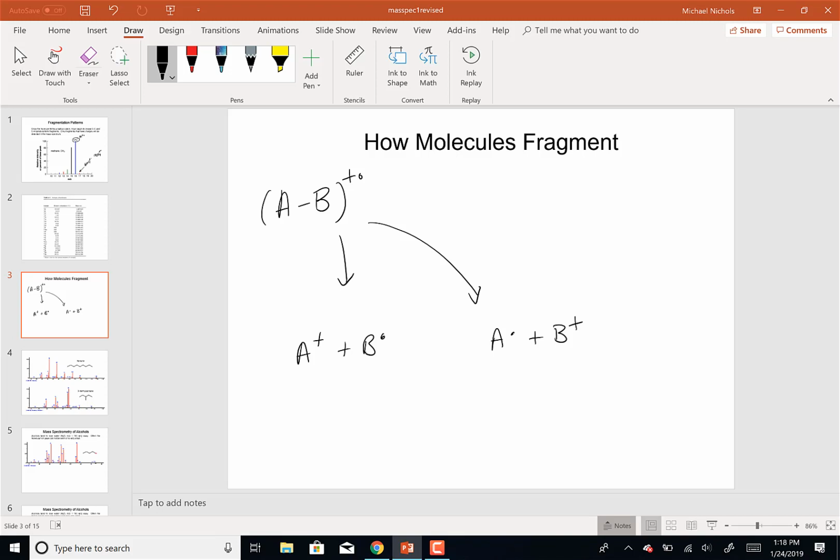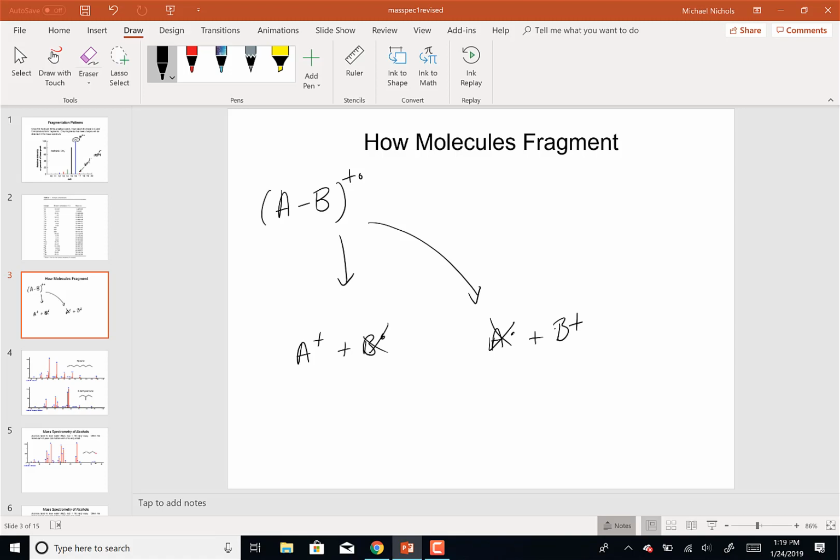Only the molecules that have a charge can be moved by the magnetic field to the detector. So neutral molecules, or radicals, are not detected. Only the carbocations are. So the radicals we don't care about.